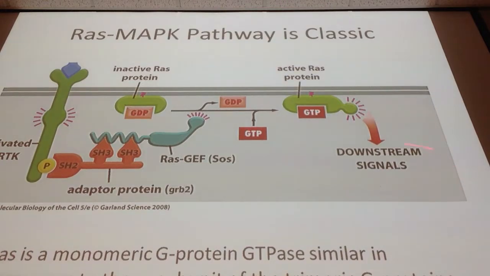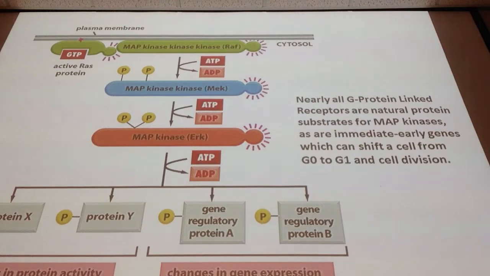The downstream signals or effector function is about the same thing, and this is what happens. This pathway right here, you can summarize as a MAP kinase cascade.